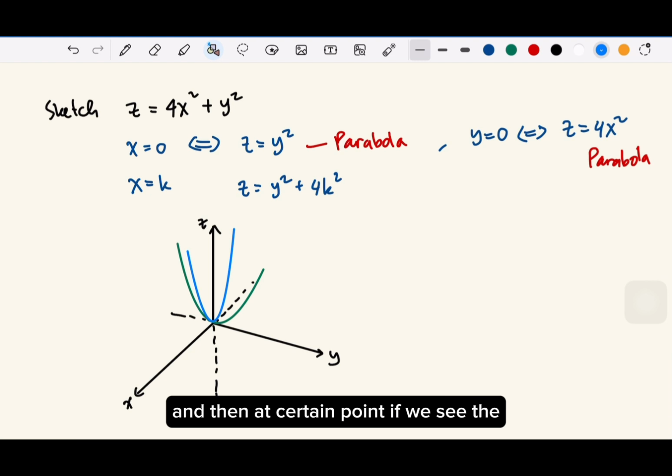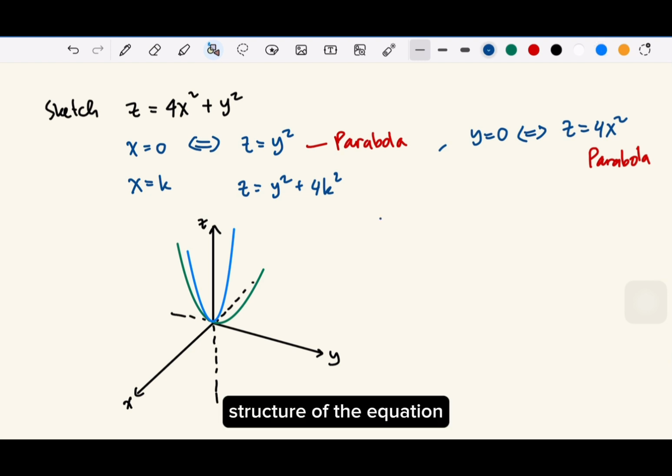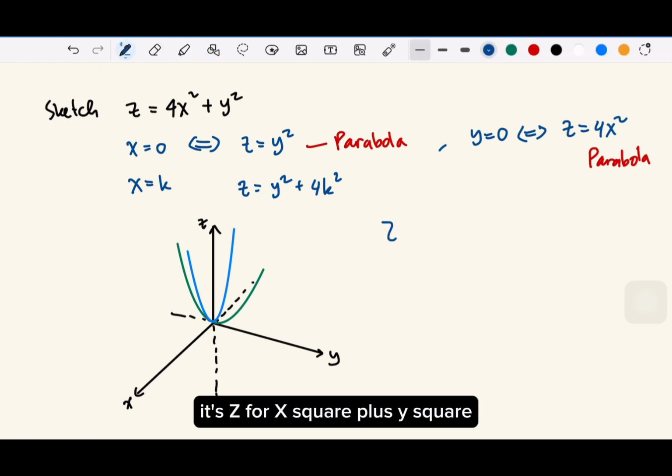And then at a certain point, if we see the structure of the equation, it's z equals x squared plus y squared.